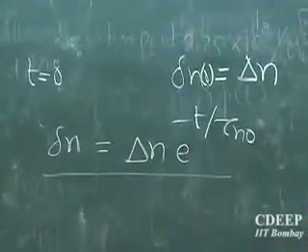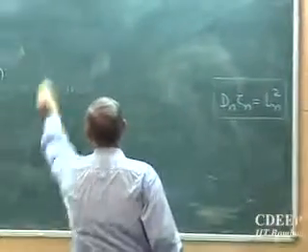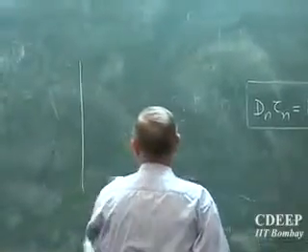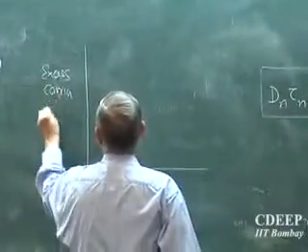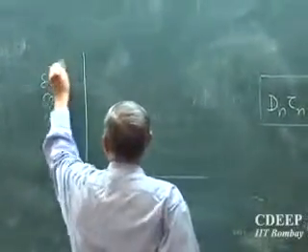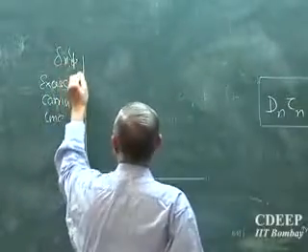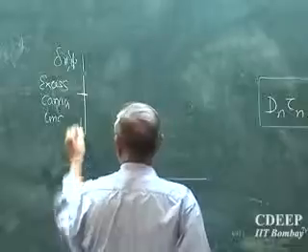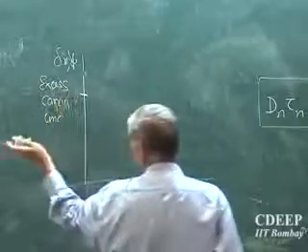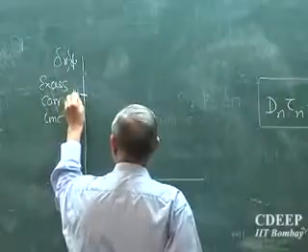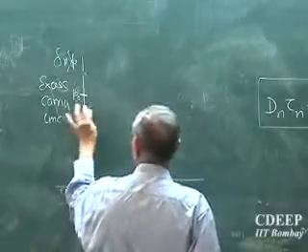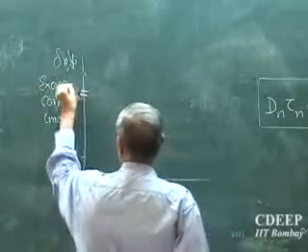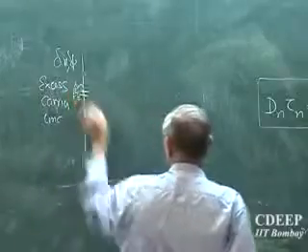How does it look if I plot it? If I plot the excess carrier concentration, delta n or delta p, whichever I draw. Which material was this? P type. So this was p0, this was n0. Let us say this number is delta n. And how will it decay?